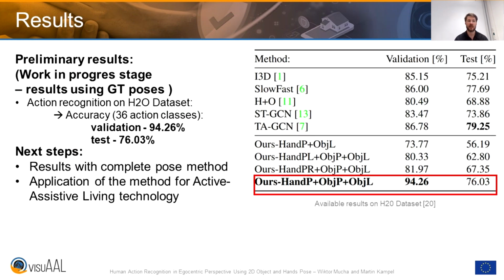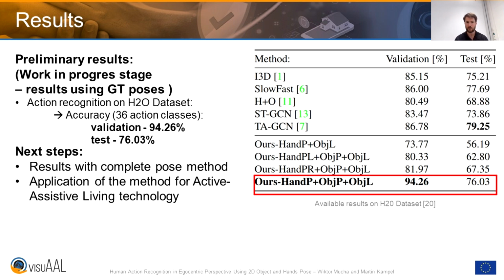The results are very promising. However, this is still work in progress, and at the beginning we are using only the ground truth poses that are given from the H2O dataset. Our method achieves an accuracy of 94% when there are 36 action classes.